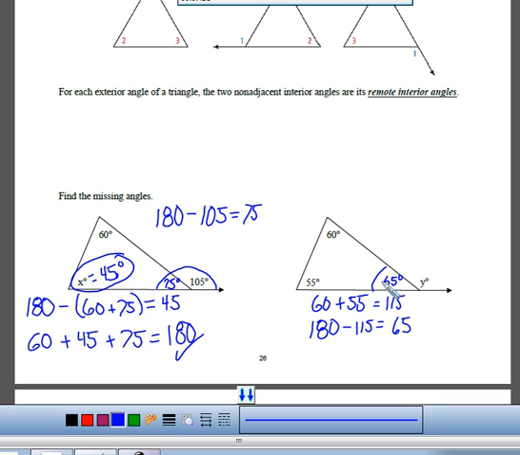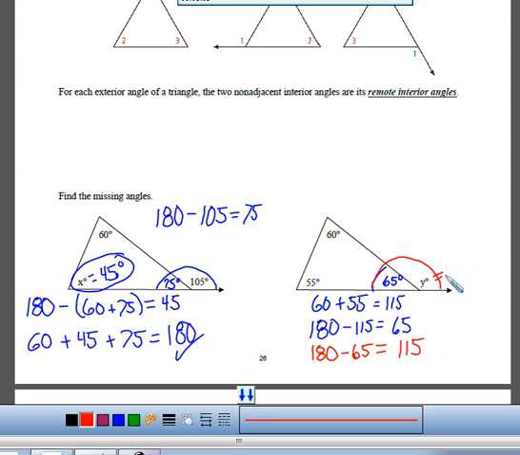But I don't need this one, I need the one on the outside. But I can get that because these 2 together make 180, they're supplementary, they form a straight line. So 180 minus 65, and that's kind of like the opposite of what we just did up here, so we should see the answer is 115.